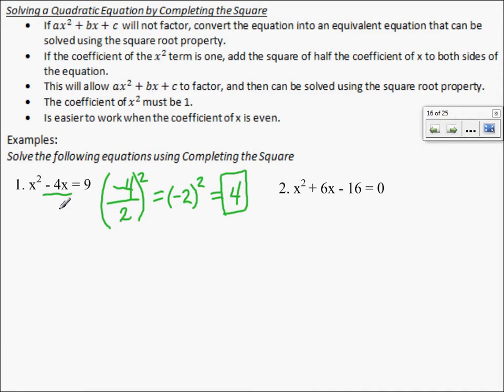So this was already done for us, so take this 4 and add it to both sides of the equation. When we do that, we get x squared minus 4x plus 4 equals 9 plus 4, or just 13.